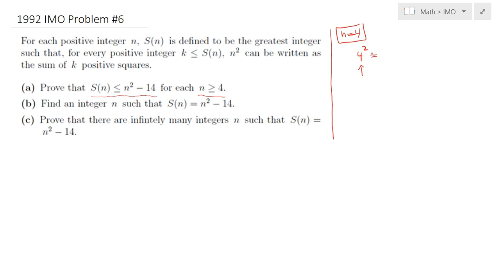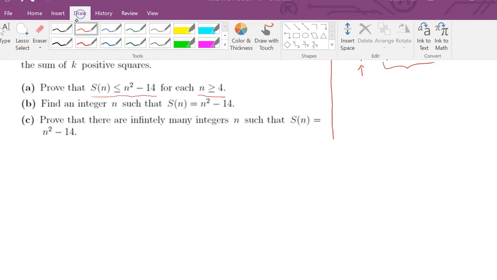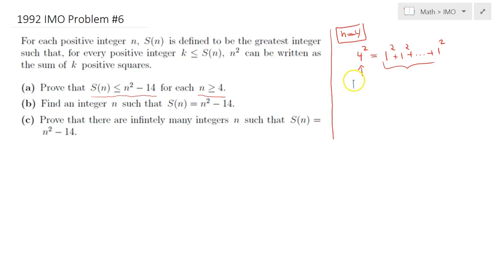The least efficient way would be to write it as 1 squared plus 1 squared all the way up to 1 squared, using 16 of them. Here k is equal to 1, here k is equal to 16. Now what is s of 4?